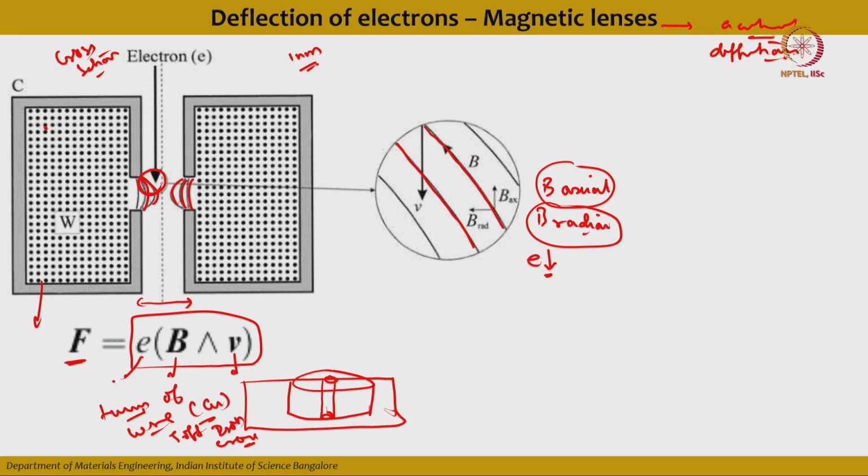Okay. So this particular force is called a Lorentz force. This Lorentz force is experienced by the electron due to the electric and magnetic fields, and due to this Lorentz force there will be a deflection, which is the physical basis of any electron lens.